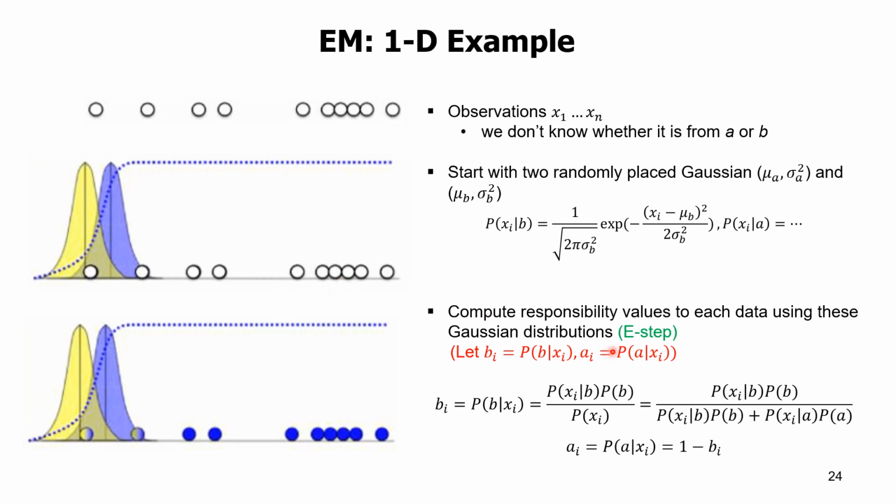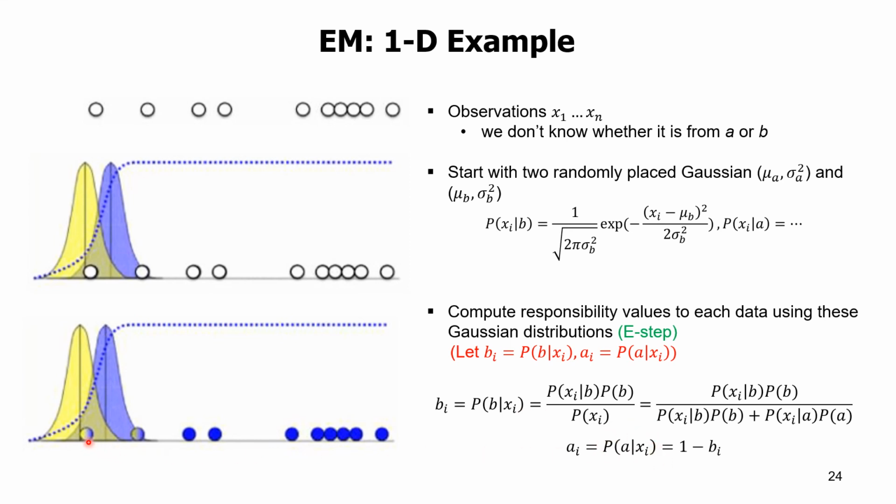Anyway, in each E step, for each data, you compute the probability that this data belongs to this Gaussian, and also the probability that this data belongs to the other. So this is the probability that this xi belongs to Gaussian B, and this is the probability that the same xi belongs to Gaussian A. For every data, you compute both probabilities.